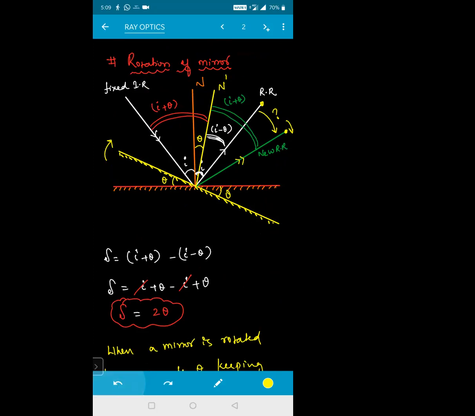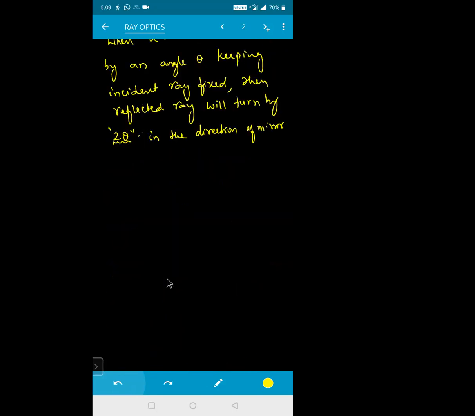Very important relation. If the mirror is rotated by an angle theta, keeping the incident ray fixed, the reflected ray will turn by an angle of how much? 2 theta. Is that clear? Any doubt in this one?